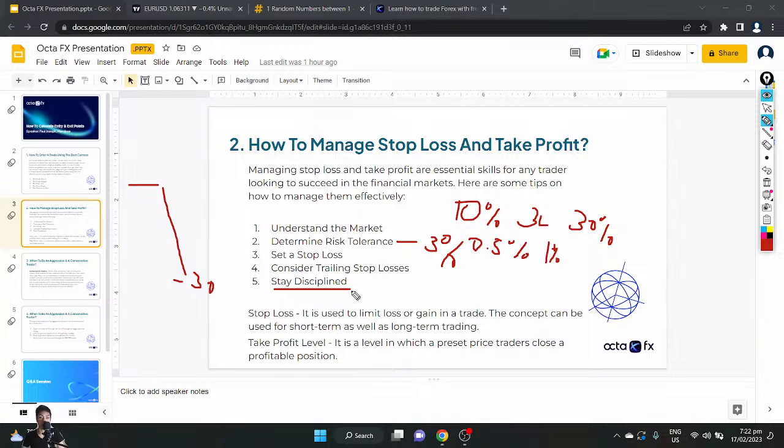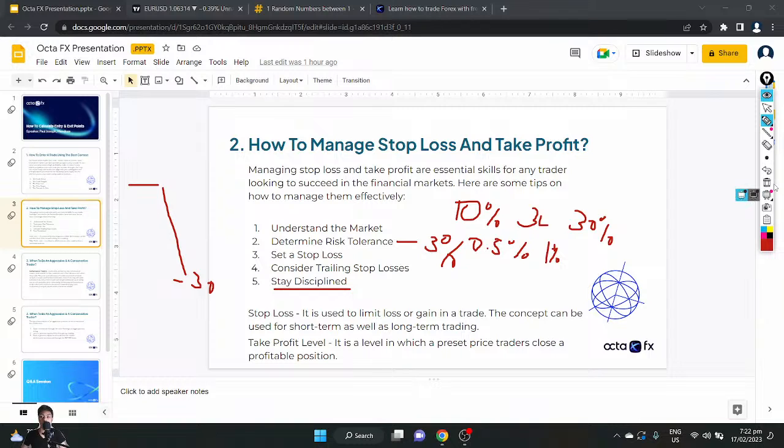So it is very important to determine your risk tolerance. Know yourself: if you are comfortable losing 1%, then stick to 1% per trade. If you are comfortable losing 2% per trade, other traders do that as well.